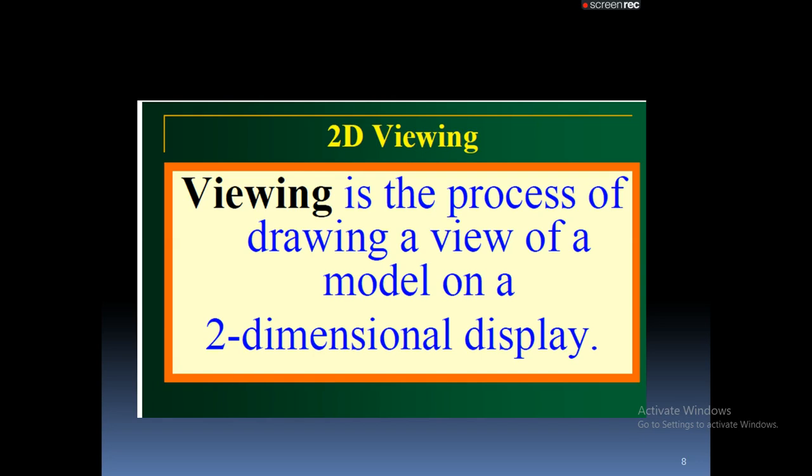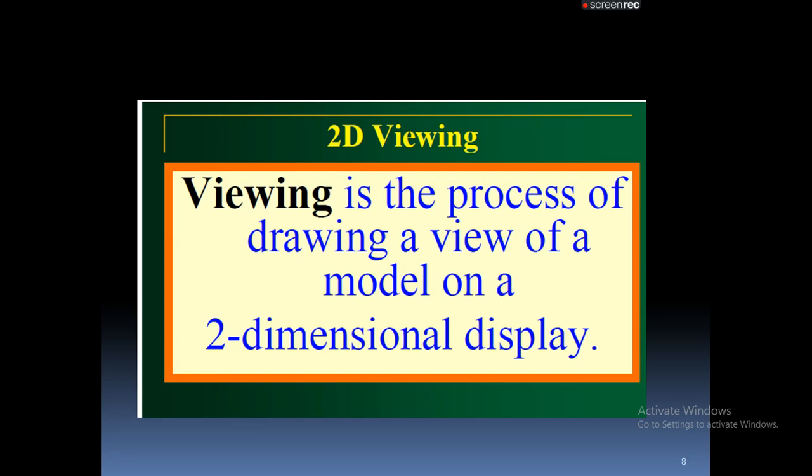Model means the image we already created, or already defined as our plan, to display on the screen of the monitor. Whatever image you created, now you would like to view or display that image on a two-dimensional display.